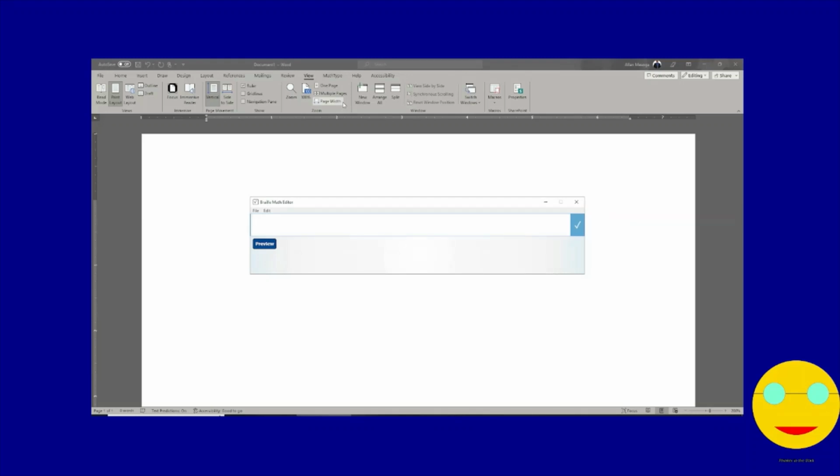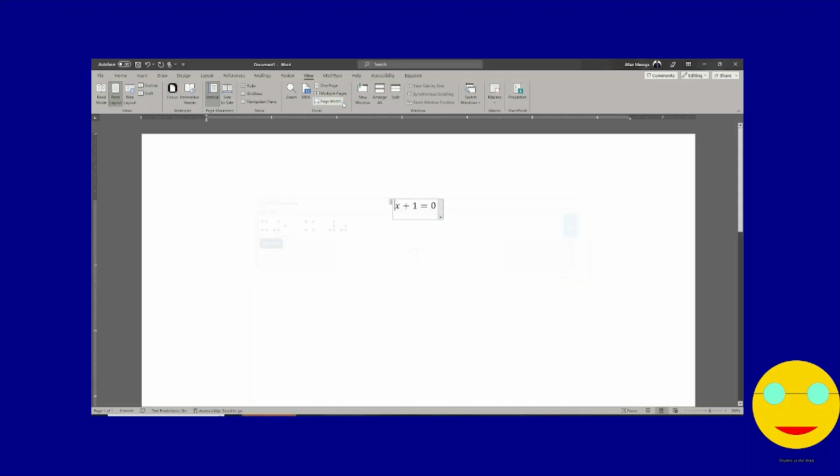In this window, we can write our equation in Nemeth code, and we can type our equation by using ASCII code. For example, x plus 1 space period k equals space number 0. Then, as I press enter, our equation will be inserted in our Word document.